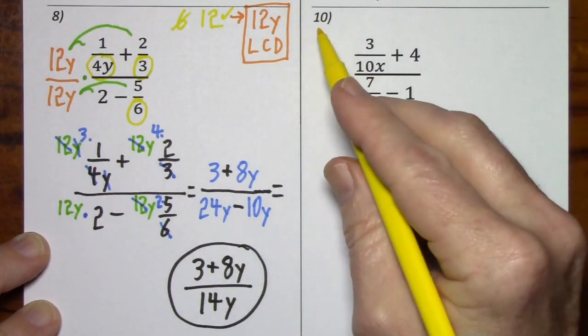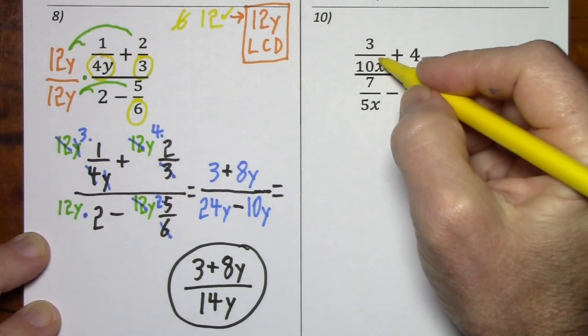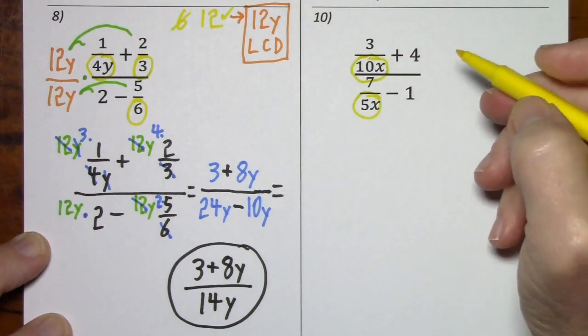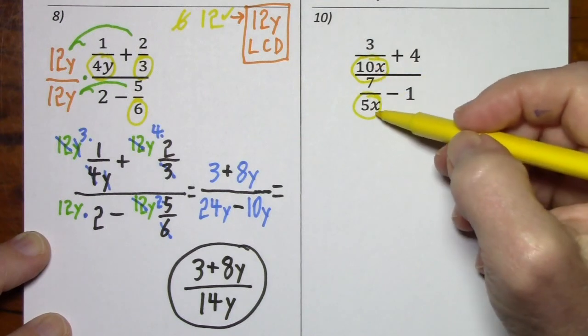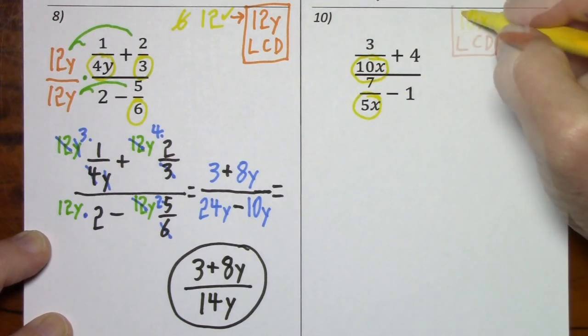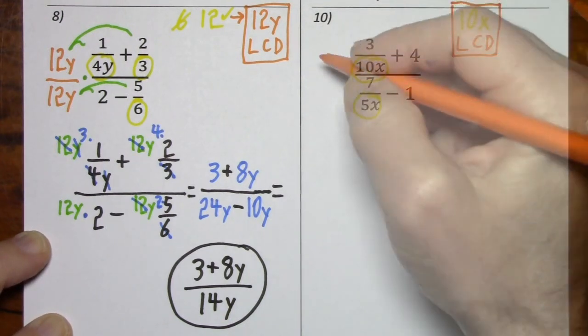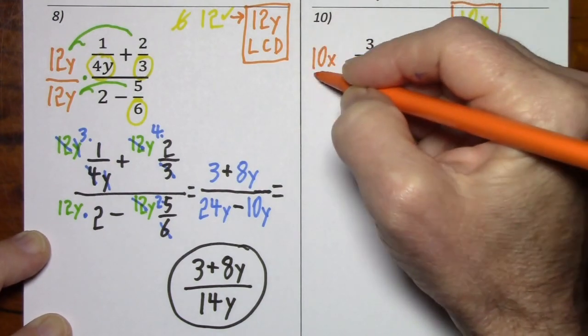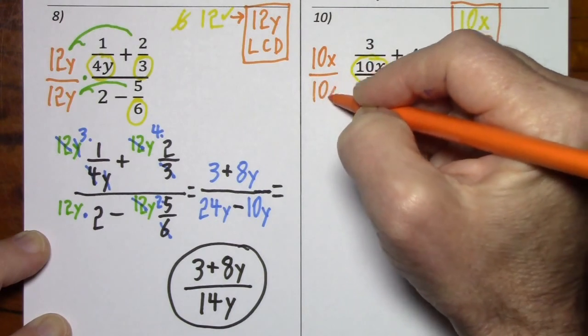And finally, looking at number 10, the denominators are 10x and 5x. So 10x is the least common denominator. Multiply by 10x over 10x.